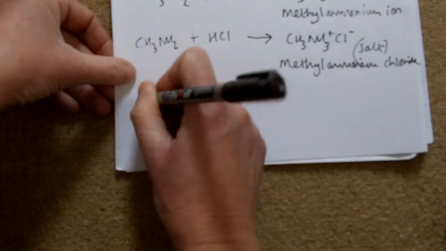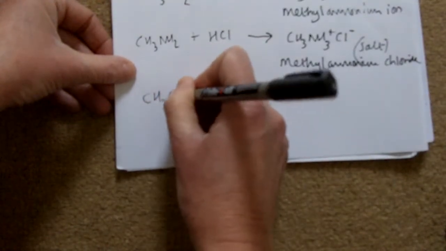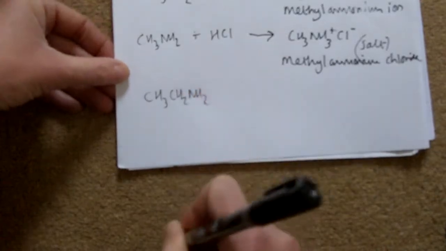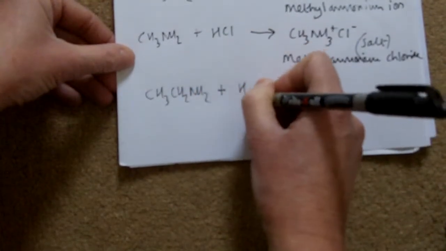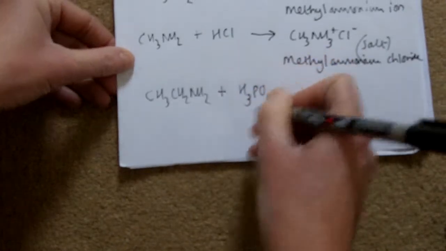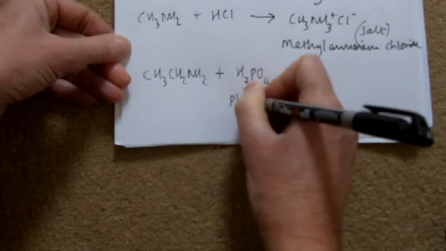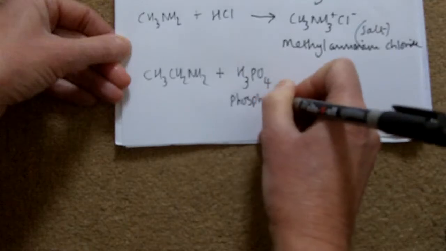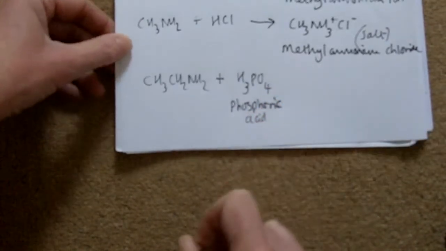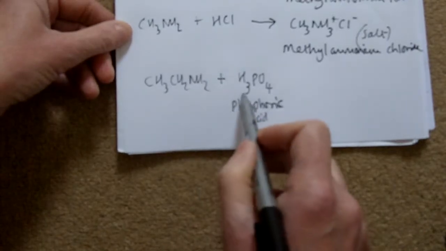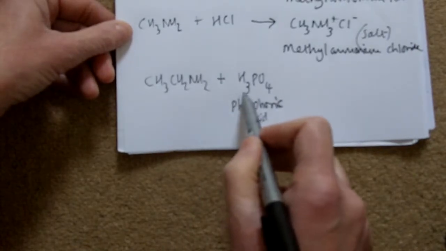Let's make it slightly more complicated. Let's take ethylamine and phosphoric acid. Okay, just write the name underneath. Phosphoric acid. So straight away you can see you've got 3 H+.